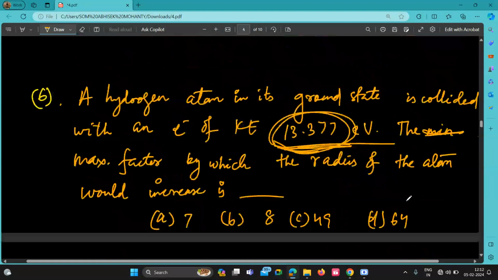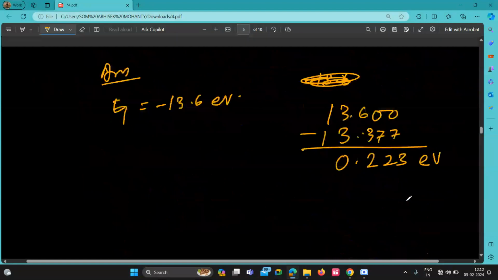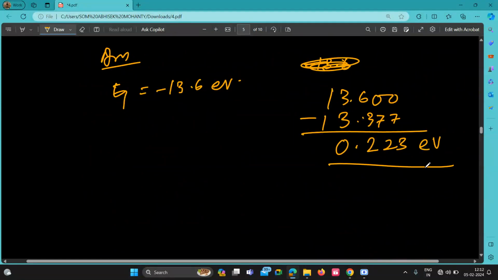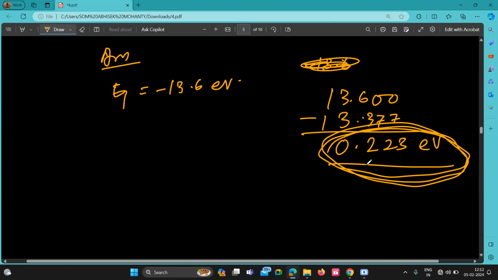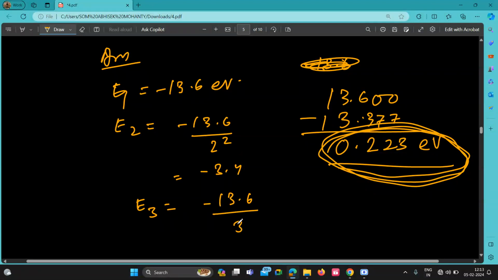Because the hydrogen atom in its ground state is collided with an electron of this kinetic energy, we ask the maximum factor by which the radius would increase. This is the amount of energy that is required, right? Can you tell me which state this energy belongs to? E1 is this, E2 is minus 13.6 by 2 square, that is minus 3.4. E3 is minus 13.6 by 3 square, that is minus 1.5.